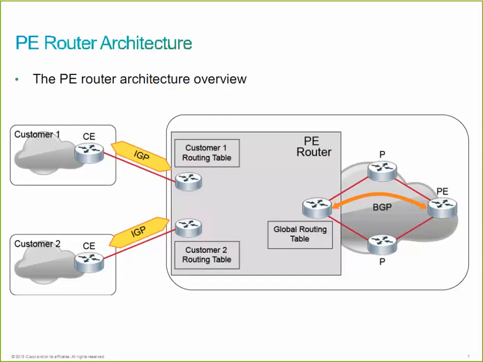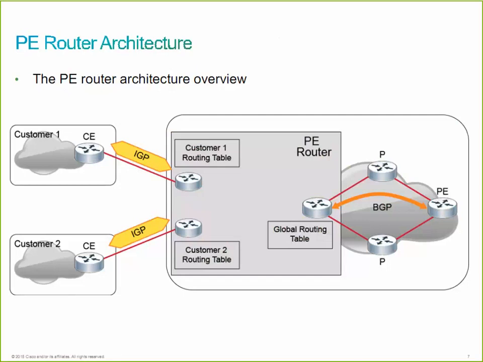So the PE routers in our MPLS VPN network are really kind of the most important components in the MPLS VPN architecture. They perform a lot of different functions that are required in order for us to facilitate this overall architecture. Now we know that one of the primary goals of the PE router is to get routes from the customer edge router.